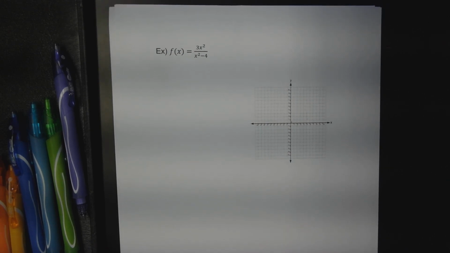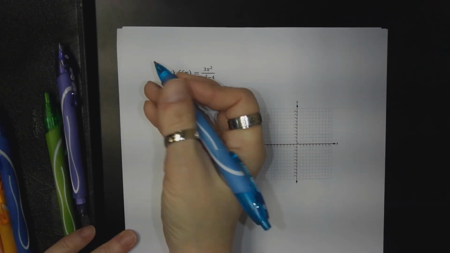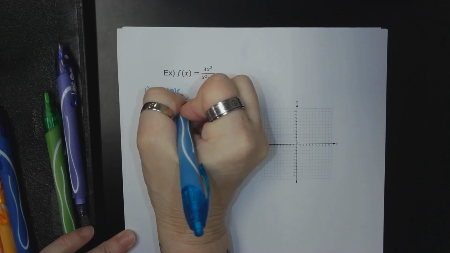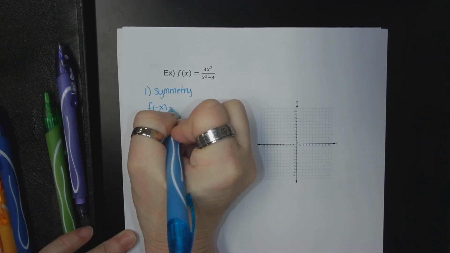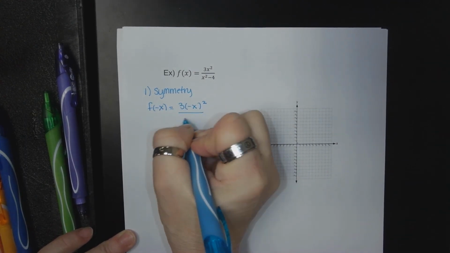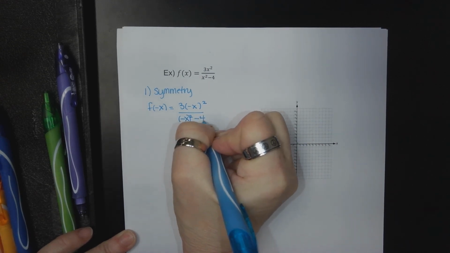Once again, we're going to find symmetry. So we plug in our negative x. We take f of negative x. This is going to be 3 times negative x squared over negative x squared minus 4.